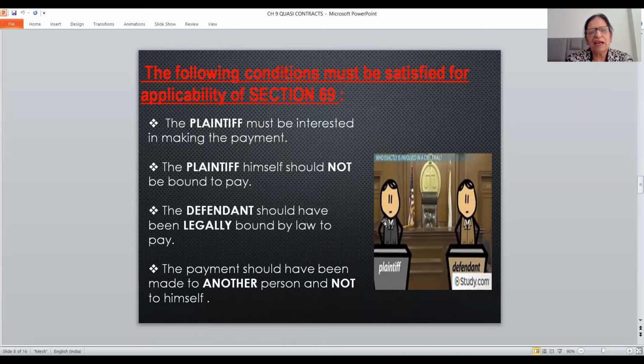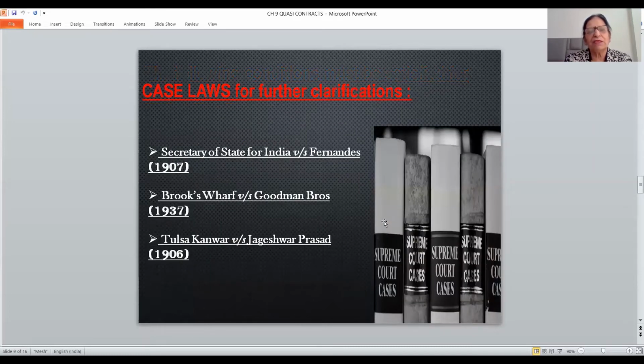So there is case law regarding this. In all these cases, Secretary of State for India versus Fernandez, Brooks Wharf versus Goodman Brothers, Tulsa Kumar versus Jageshwar Prasad, friends, the money was paid. In the very first case, the money was given by the Forest Department. Revenue and forest department are departments of the government.